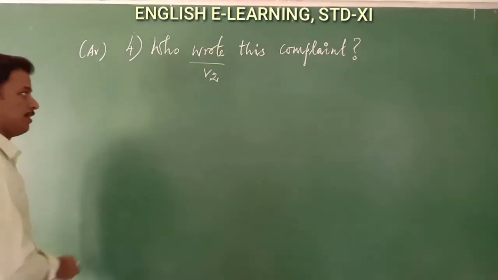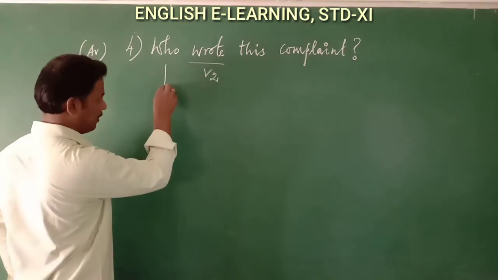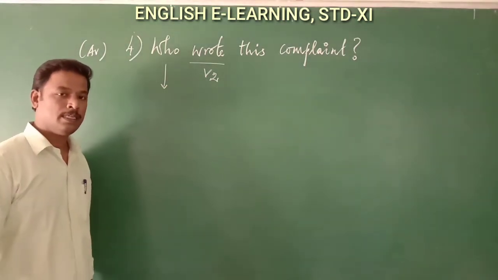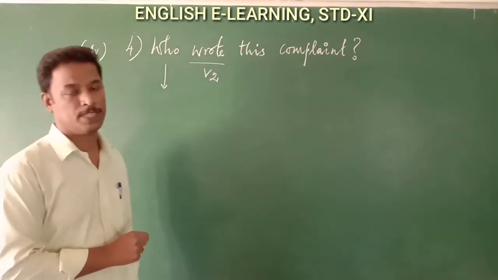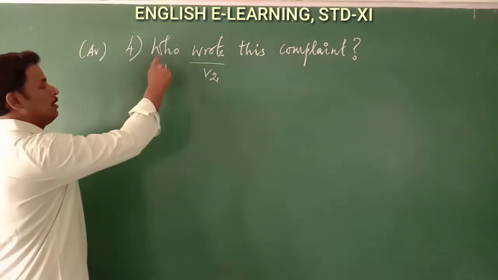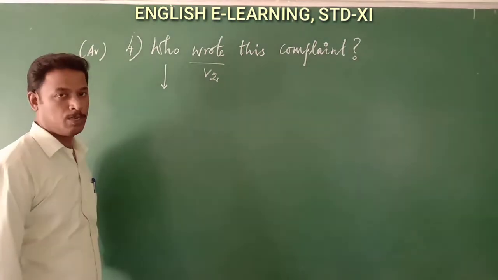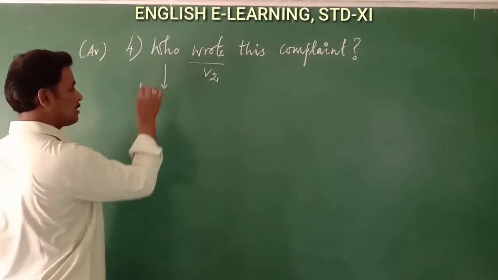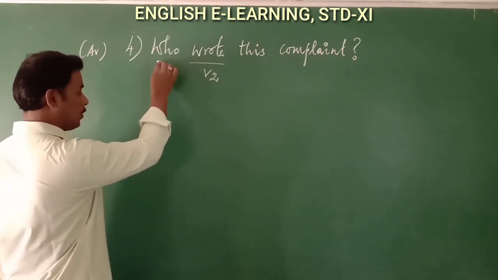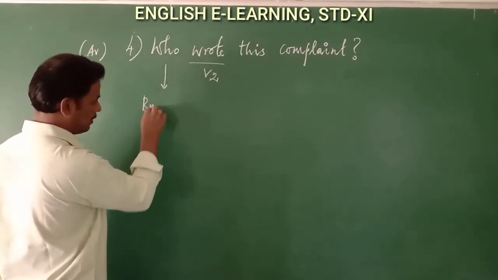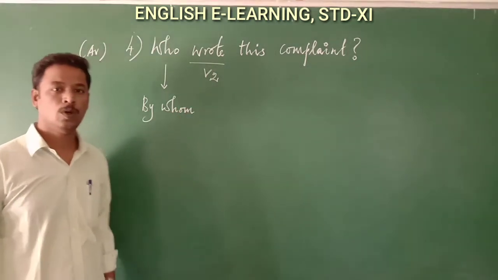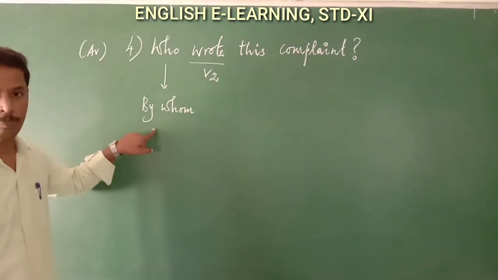We can use many ways. The simple way is we have to change the question term, that is the question word, the WH question word is who. We can change this WH question who as by whom. Who will be changed into by whom.